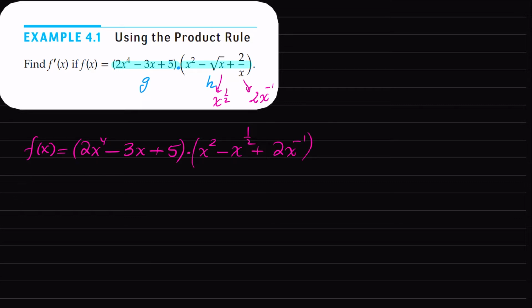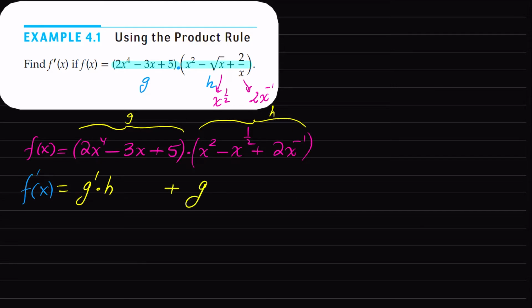Now we will do the derivative f prime of x as we said. We will call this g, and this h. So we will do the derivative first for g multiplied by h. We do the derivative of the first function plus we keep the first multiplied by the derivative of the second.